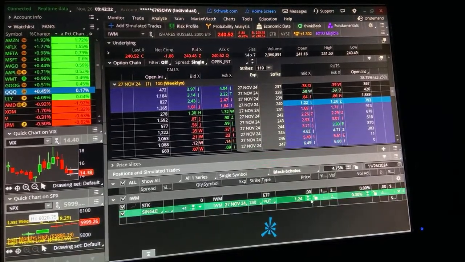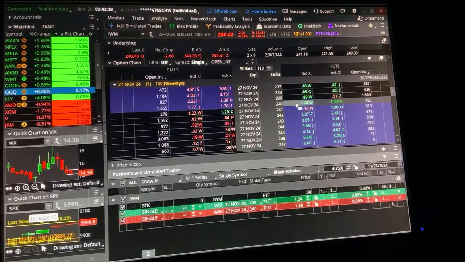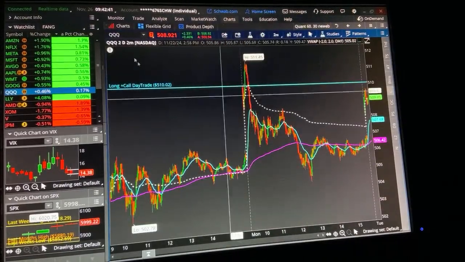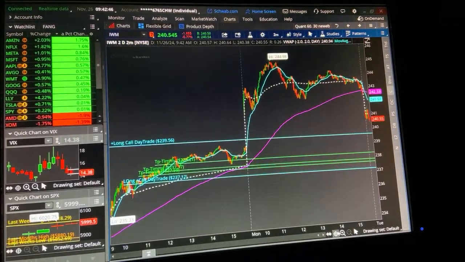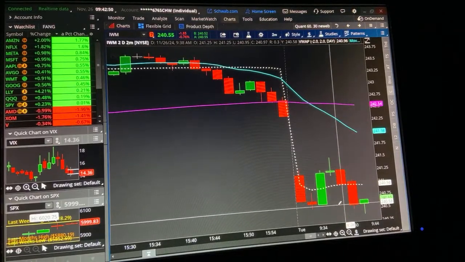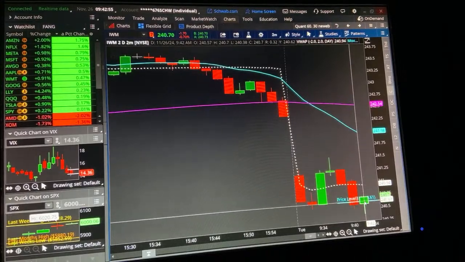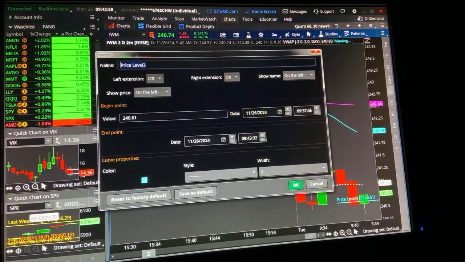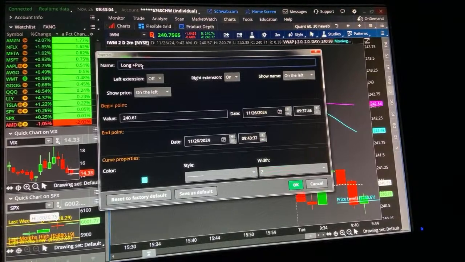And I just got filled at 124 for the 240 strike put, bearish IWM. Small caps. Fuck, man.